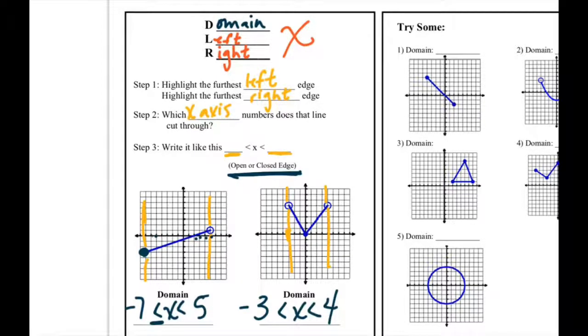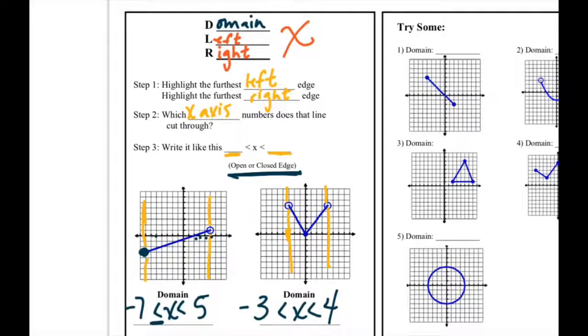My x's live between -3 and +4. This left edge is an open circle, so I keep this symbol open. Right edge, open circle, keep that symbol open. So domain is left to right: left side of the graph, right side of the graph. We looked at which x-axis number was on the left edge and which x-axis number is on the right edge.